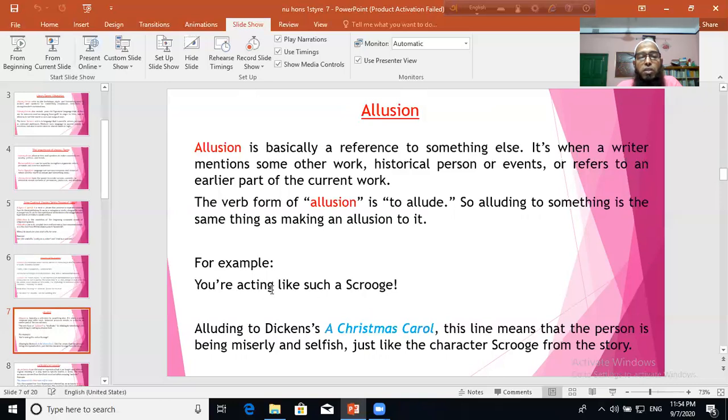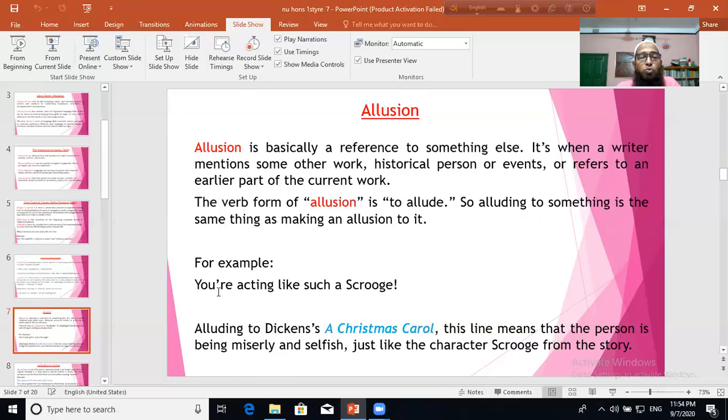So when you say this comment to someone, you are telling them that the person is being miserly, very miserly, who does not want to spend much money, and selfish, just like the character Scrooge from the story. In that story, written by Charles Dickens, the character Scrooge is a miser who does not want to spend money, and is very selfish.